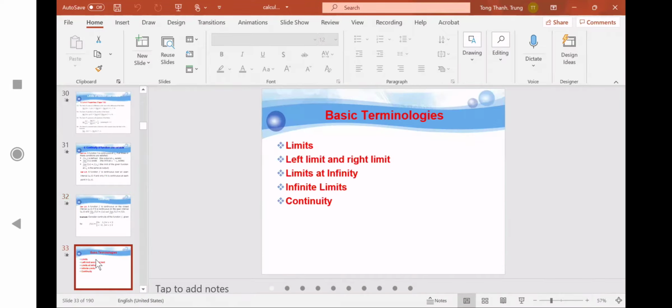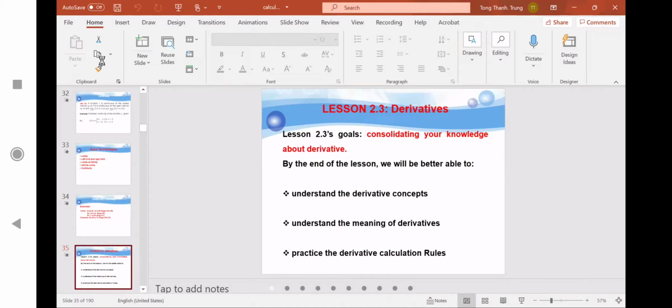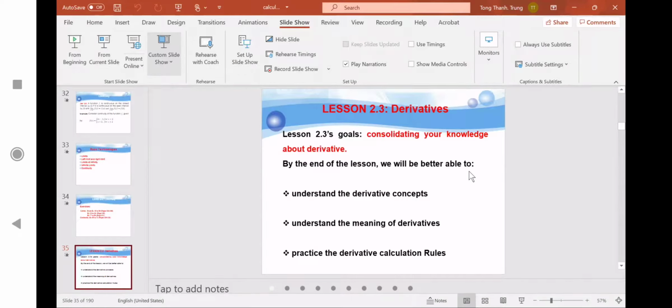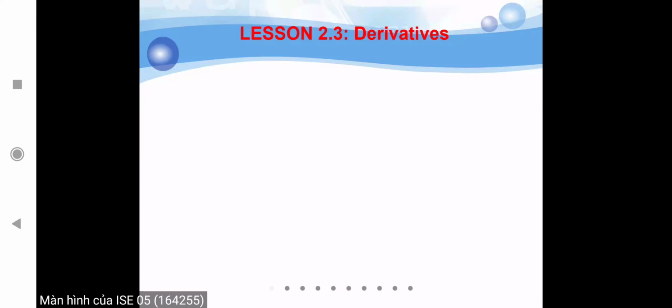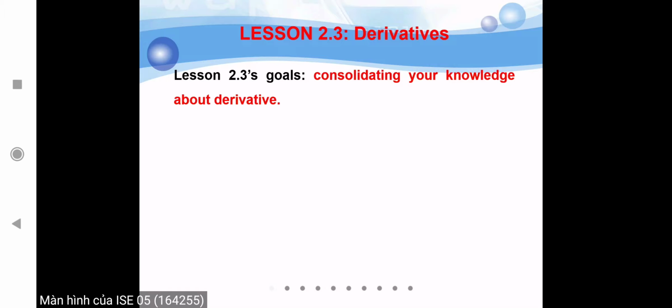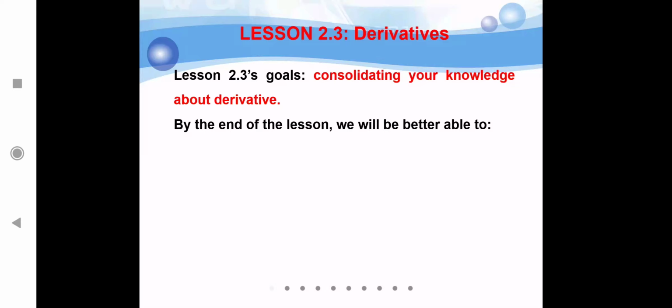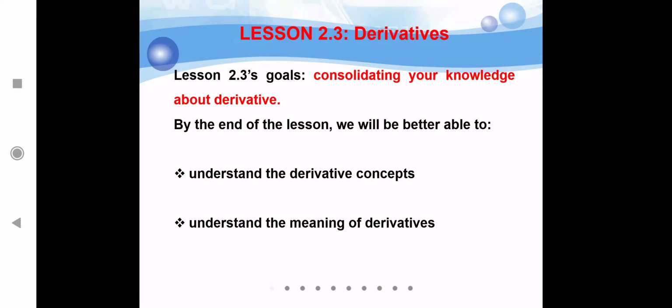Derivatives. The first lesson: derivatives. In this lesson, we will consolidate the knowledge about the derivatives of a function of one variable, and by the end of this lesson, you will be able to understand the derivative concept and the meaning of the derivative.